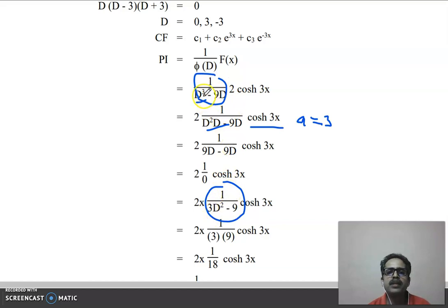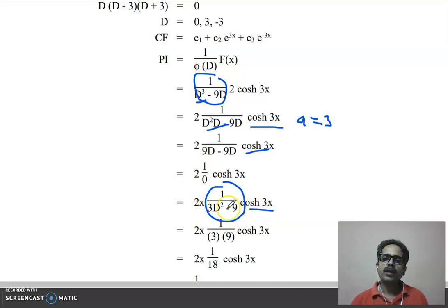Here the denominator is D cube minus 9D, its derivative is 3D square minus 9, and the function is retained, because we obtained 1 by 0, so the formula fails. We have written x, the new operator and the same function as in the previous step. But don't forget this 2, because 2 is before 1 by 0. So before x you must write 2.